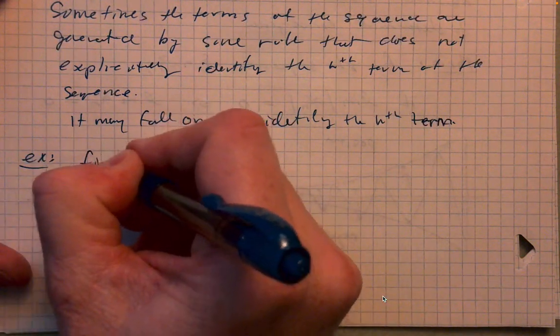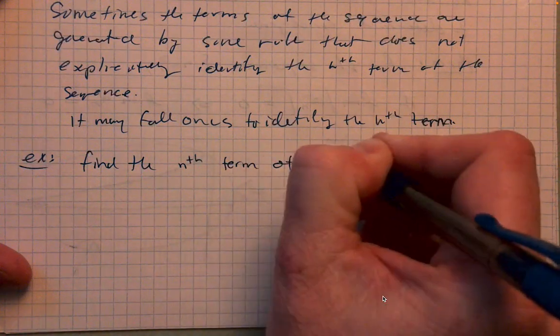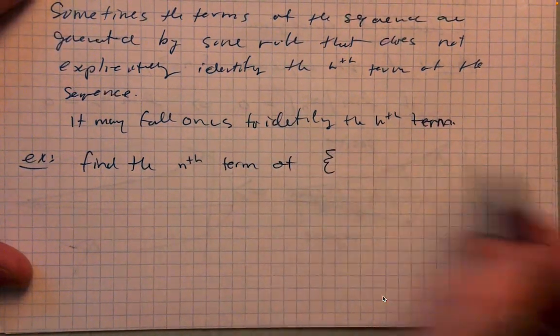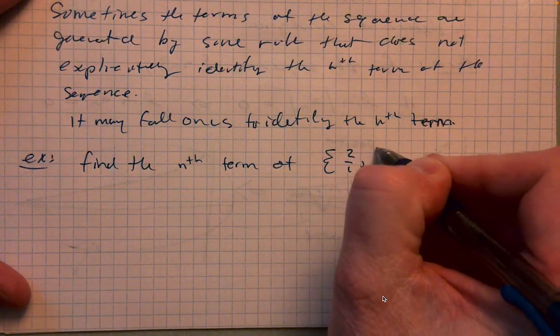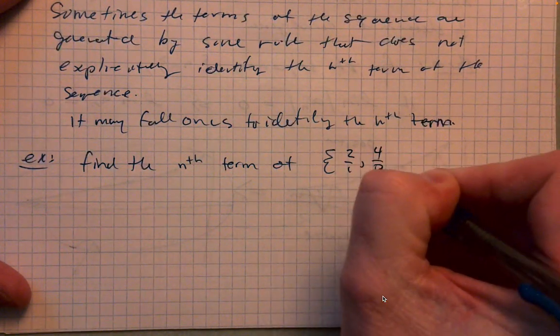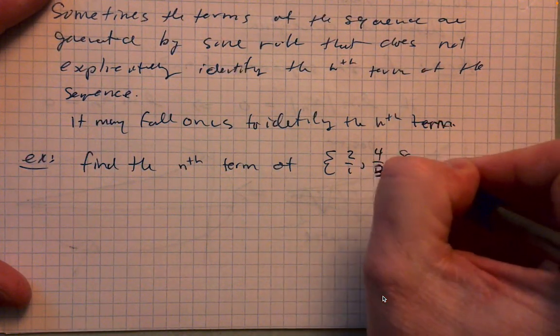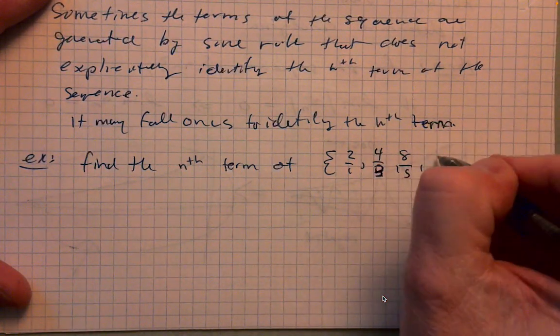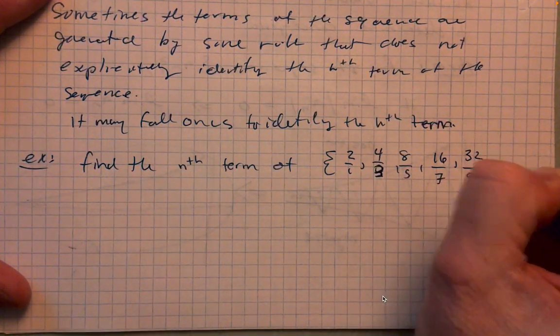But what about this one? Find the nth term of this sequence: 2 over 1, 4 over 3, 8 over 5, 16 over 7, 32 over 9, and so on.